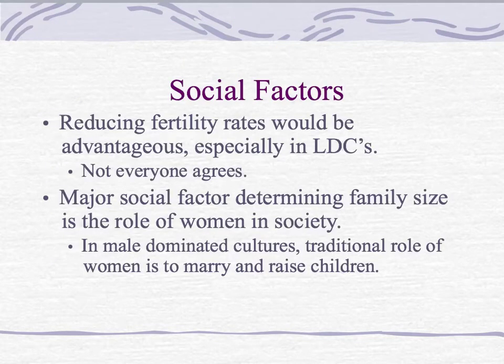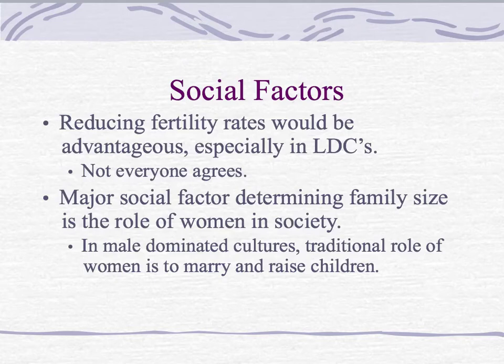One suggestion under social factors is to reduce the fertility rate in our developing countries, or what used to be called third world countries. Not everyone agrees with this. As you've seen in the movies, for every 1 child born in the U.S., its impact on the planet is actually equal to 30 children born in India, just by the amount of resources we use. So not everyone agrees with that statement.